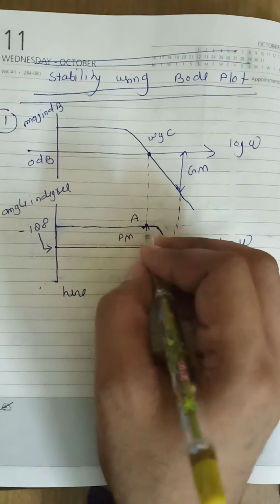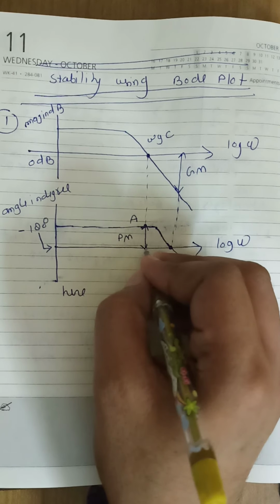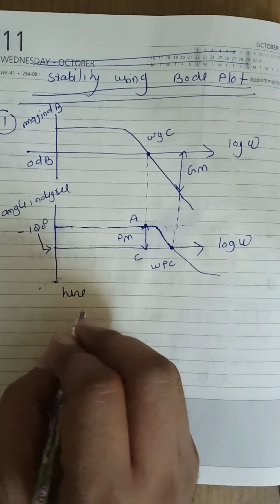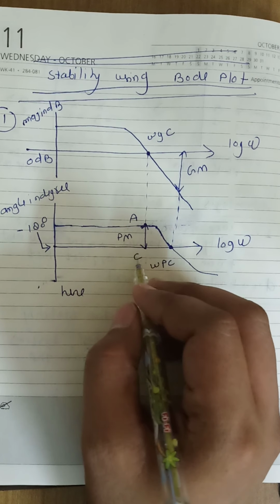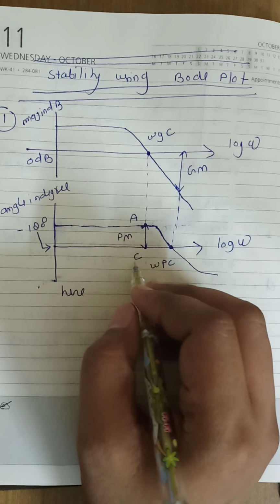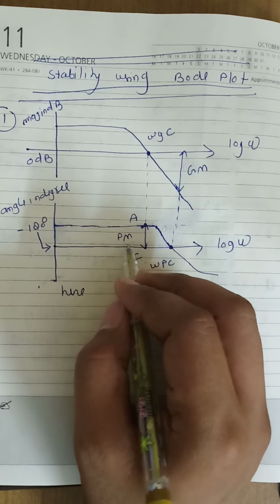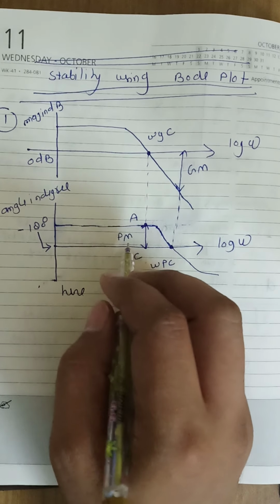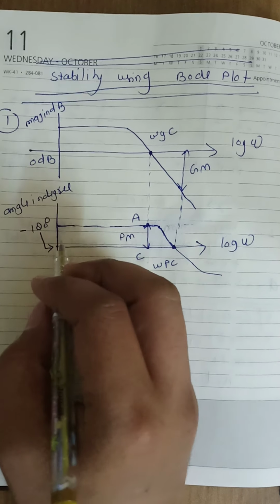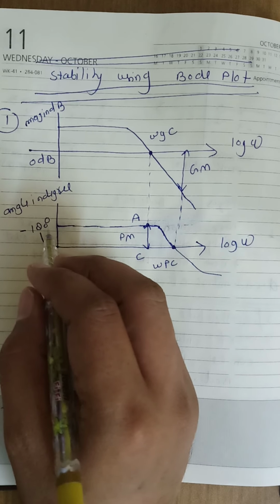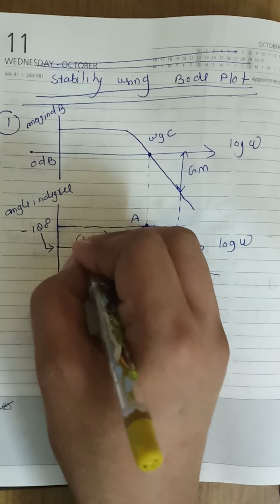The distance between point A and the minus 180 degree line, suppose that point is C, so the distance AC is the phase margin. If the point A, or intersection point on the phase angle plot, is above the minus 180 degree line, the phase margin is positive.